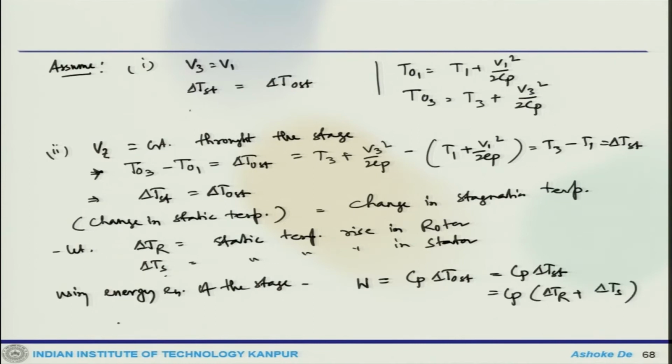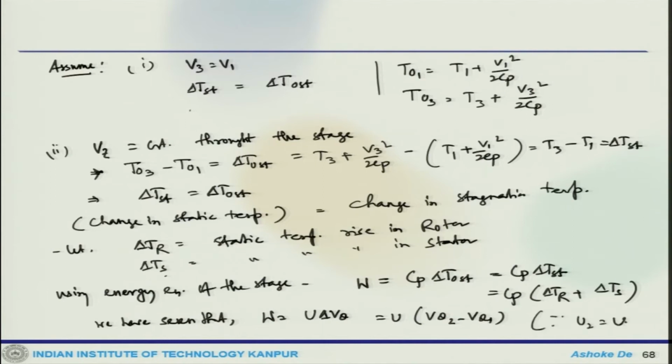What we have seen is u delta V theta, which is u times V theta 2 minus V theta 1, since u 2 is u 1.